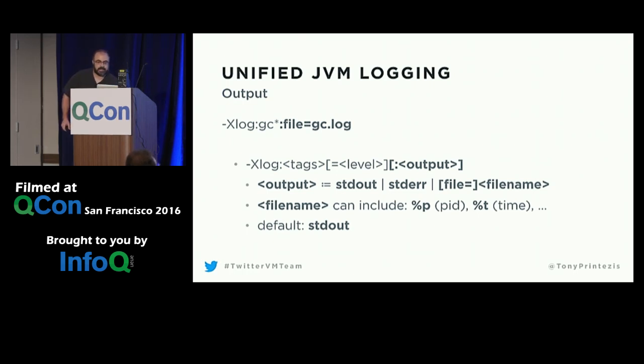The default is standard output, as you'd expect. And the file name can actually include some special strings, like it is the case for JDK 8, like %p, which will be replaced by the PID of the process, %t, which will be replaced by the time the JVM started, etc. These are really helpful if you're storing lots of logs in the same directory. They don't keep overwriting each other. You can separate them.